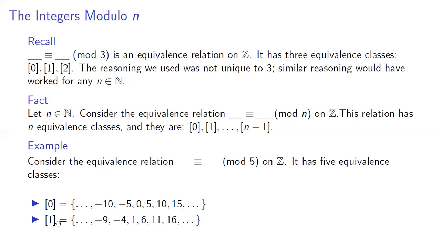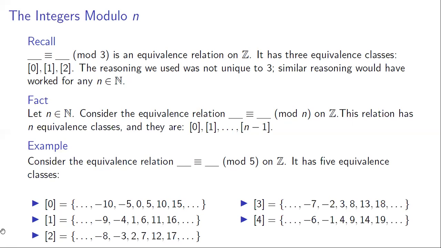So again, equivalence class of 1 means everything that is related to 1, meaning everything that is congruent to 1 mod 5. Equivalence class of 2, equivalence class of 3, and the equivalence class of 4. So those are the 5 equivalence classes of the relation of congruence mod 5 on the set of integers.